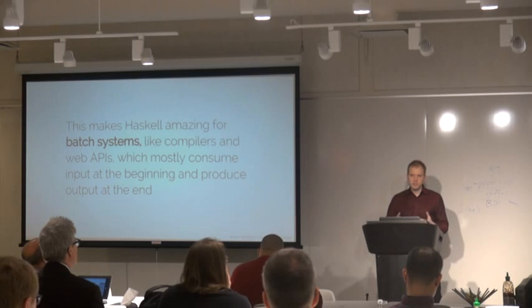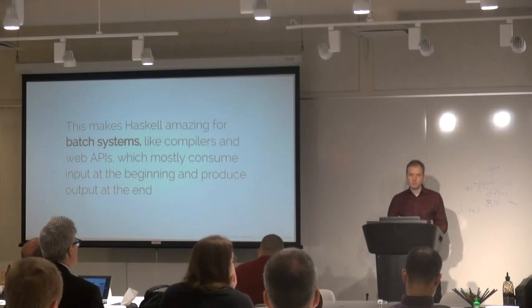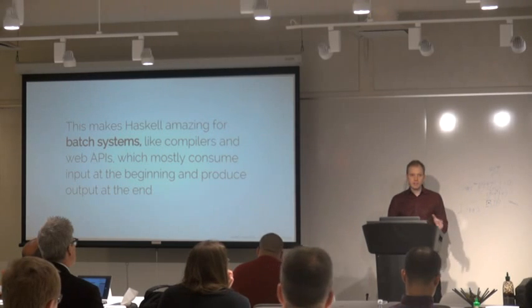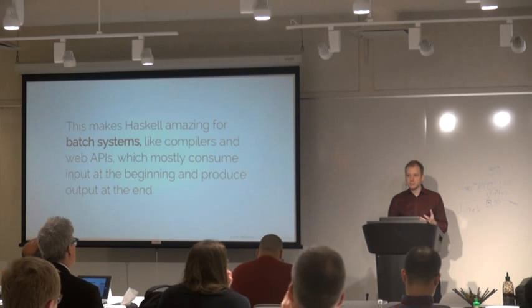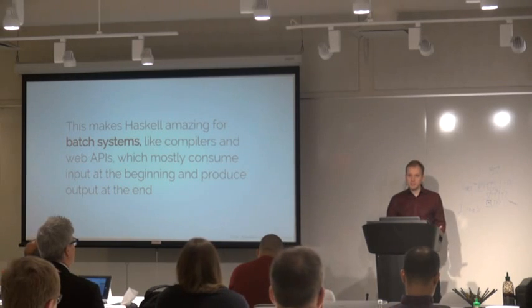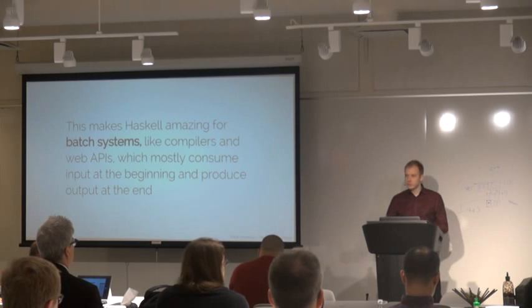Outside of video streaming and a few other things like that, that's what most REST APIs and such are doing. So really, these can be thought of as primarily batch systems. And this is a great match for the Haskell semantics, because a pure function is basically like a batch system. It takes its arguments, and then it produces its output. And what happens in between is side effect free. You can think of it as being a sort of black box.